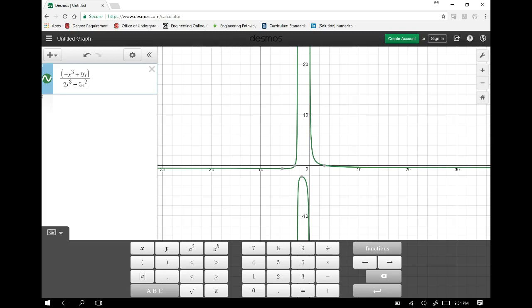So that's the graph of this function, and we want to know the limit as x approaches positive infinity.